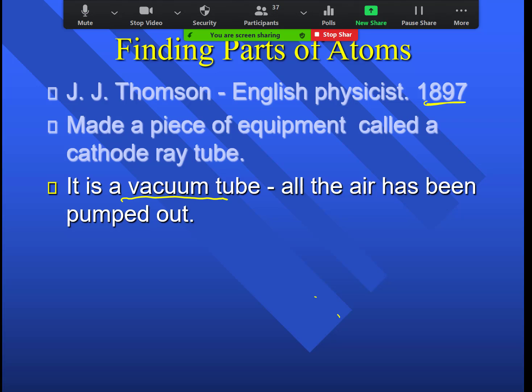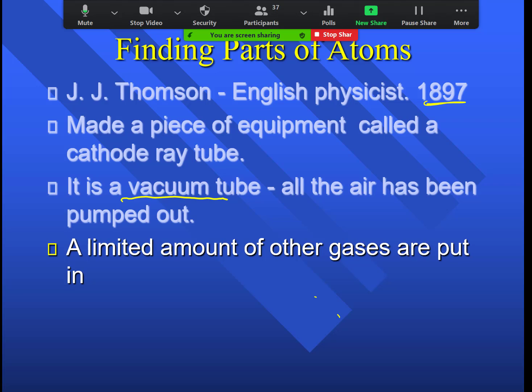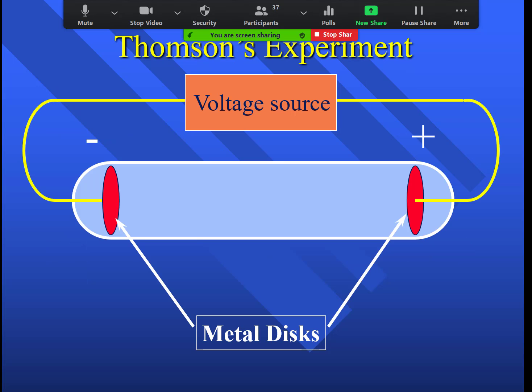But all the air's been pumped out, and then a little bit of other gases are put in. So we got a glass tube with a little bit of gas, and there's two metal discs.